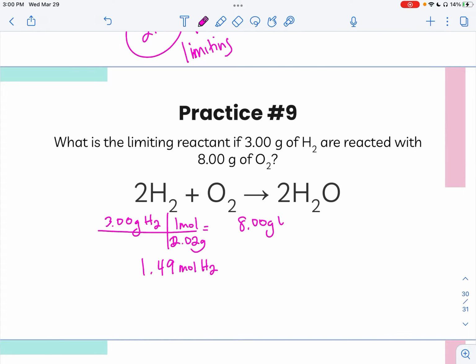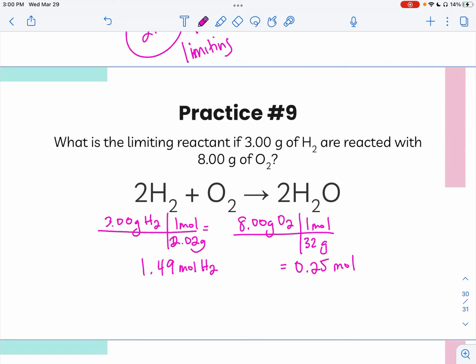And I have 8 grams of oxygen. So I'm using 32 there because I have 2 oxygens. So now I have my moles.